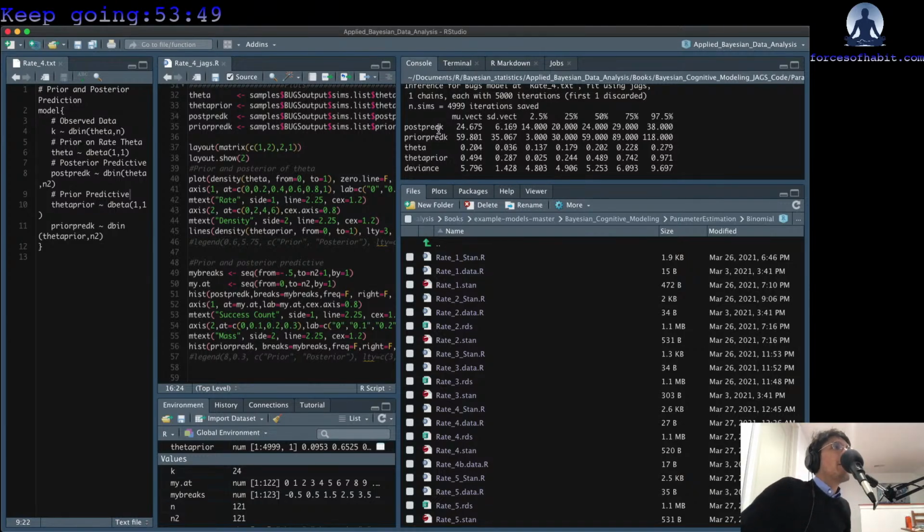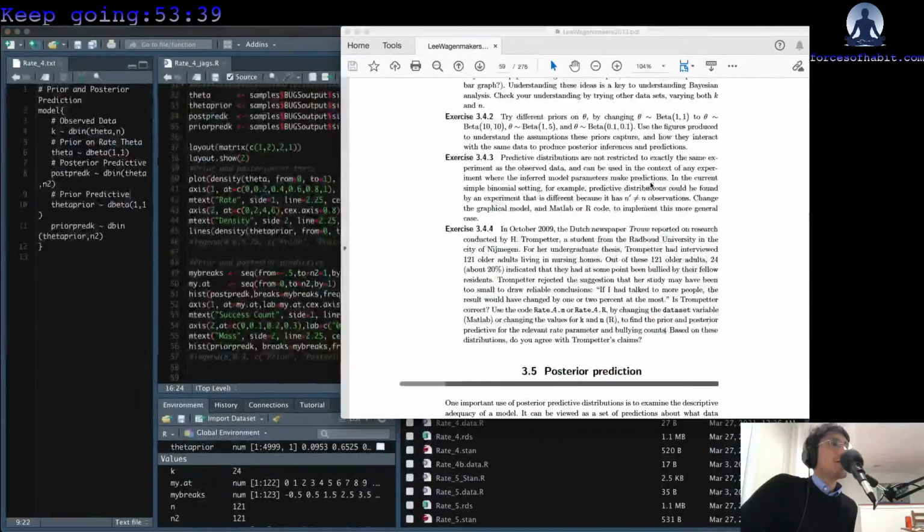This is what I was looking at before too. So we have theta, the success rate, here. We can look at the standard deviation of the success rate, and she said that it would change by like a couple percent, right? At most 1 or 2%.